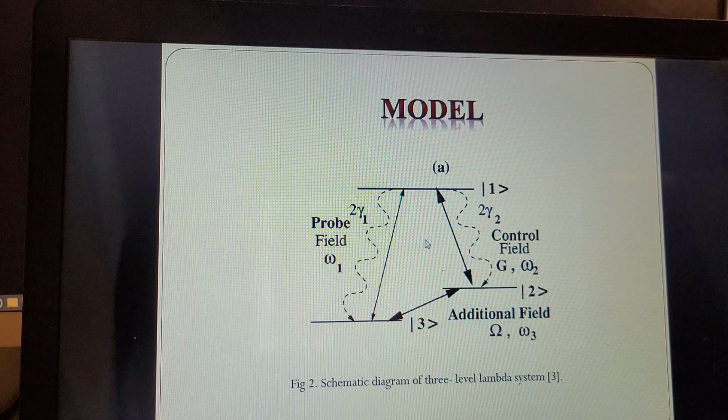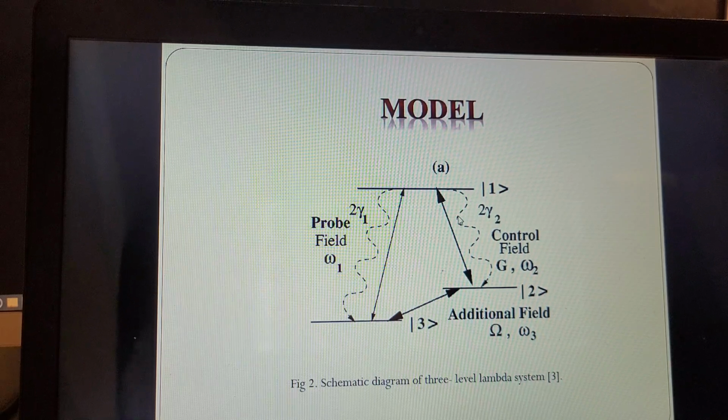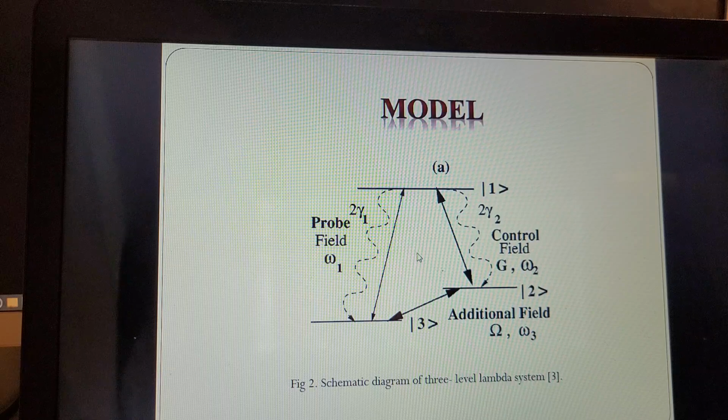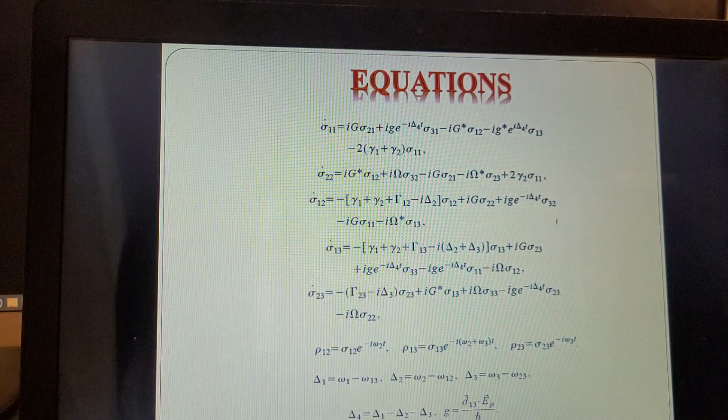So we have the system, and when we have the states, we can write the density matrix for these states. We can write a Hamiltonian, and by using the master equation we can derive the different terms of the density matrix.